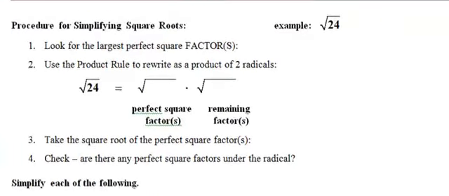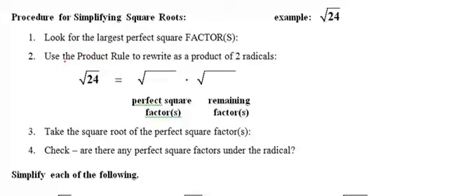So let's look at our procedure now for simplifying square roots. And the example we're going to use is here, the square root of 24. If it contains any perfect square factors from our list, and let's just throw those in: 2 squared was 4, 3 squared was 9, 4 squared was 16, 5 squared was 25, 6 squared was 36, and on down the list.